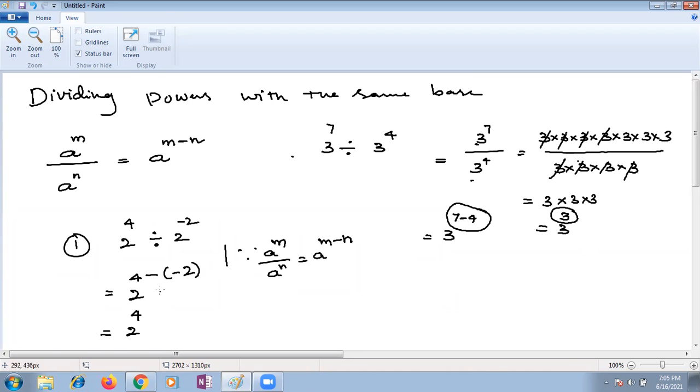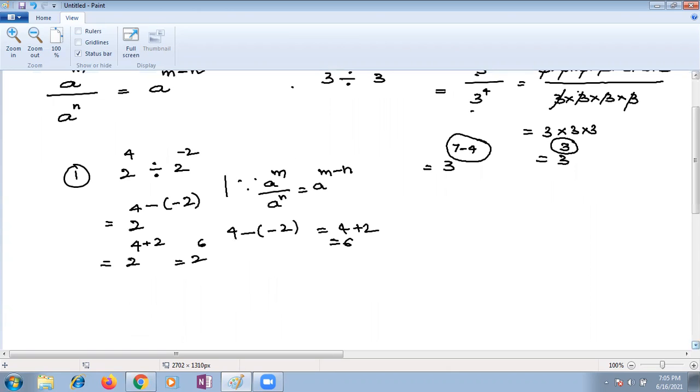Minus into minus is plus, so minus of minus means we can take it as positive. 4 plus 2 gives 6, so 2 to the power of 6. Wonderful. If the denominator is negative and it moves to the numerator, minus of minus becomes positive. That is the concept you are supposed to remember.